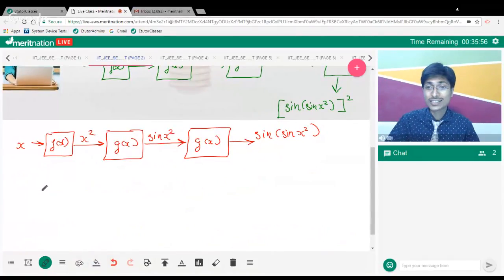So that will turn out to be sine of sine x square, whole square, equals to sine of sine x square.